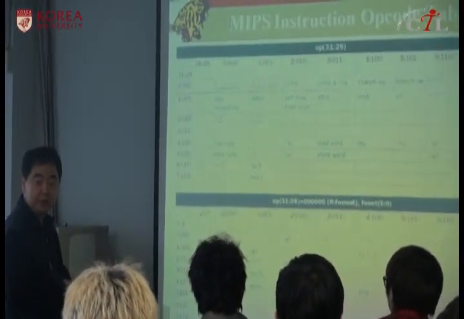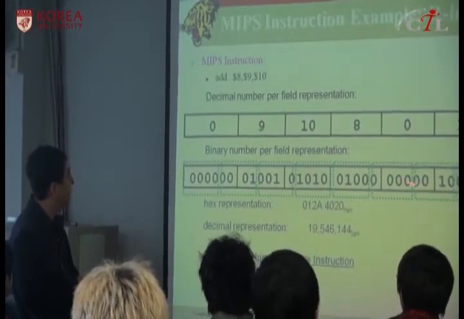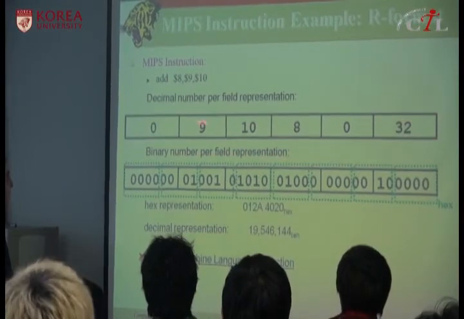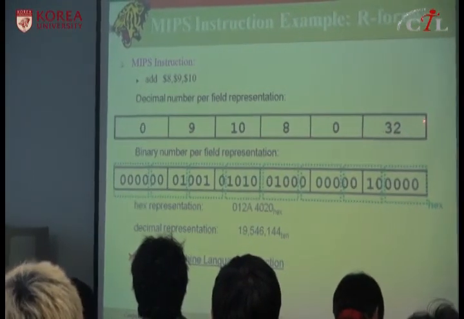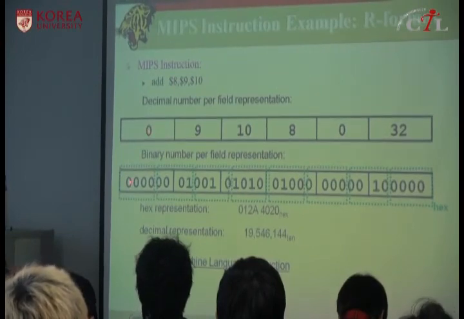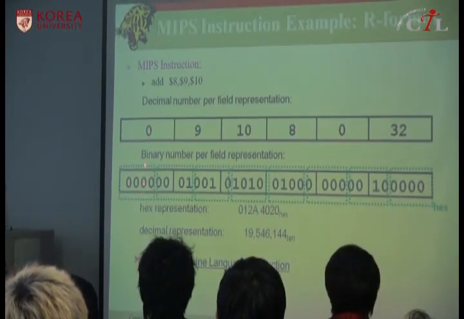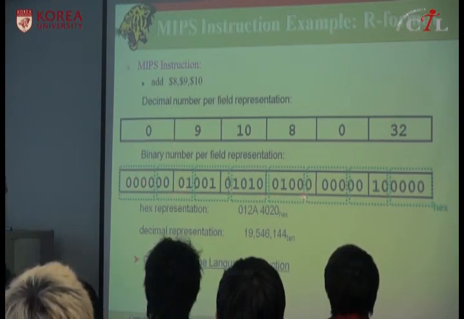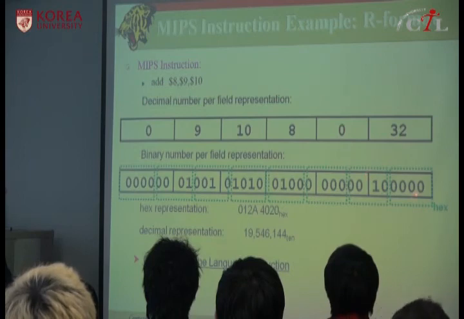That's 32, right? So 32, and this is 0. So this is the instruction in decimal for each field, and you translate it into binary. So these are 6 bits of zeros, 5-bit register operands, and then 0 and 32.